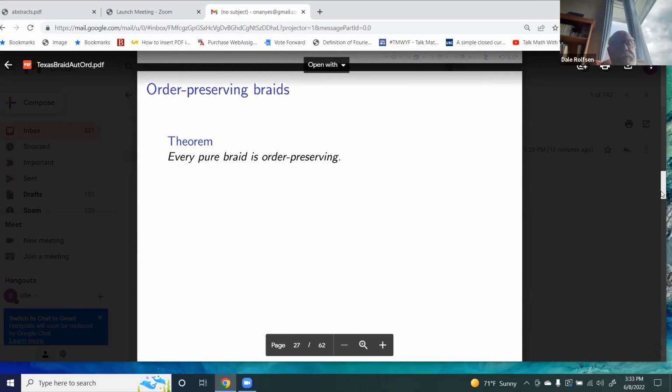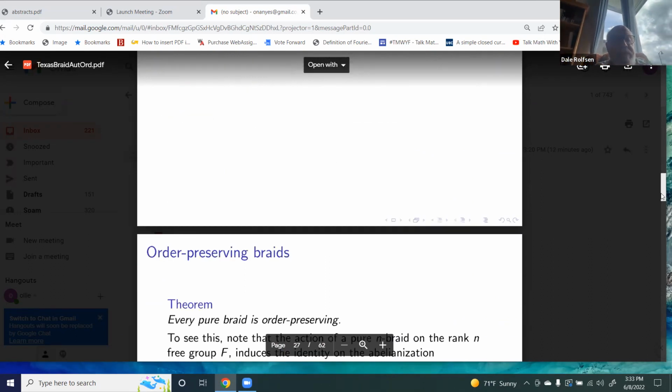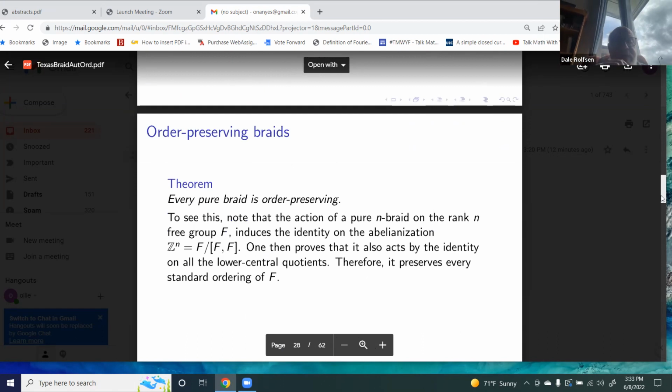On the other hand, every pure braid is order preserving. To see that, you note that a pure n braid acts on the abelianization of F by the identity. And then you check that it is also acting by the identity on all the other lower central quotients.